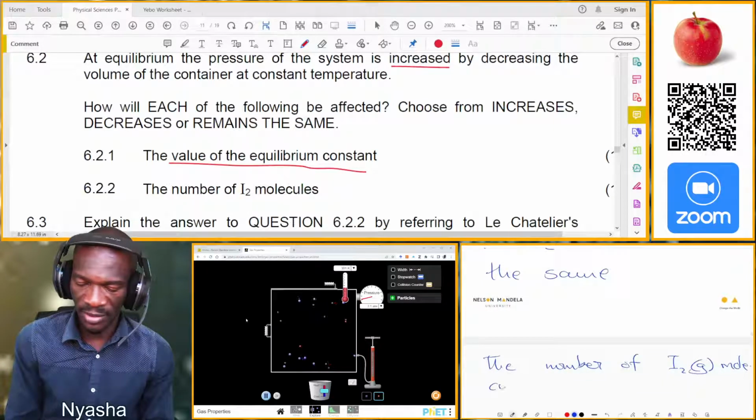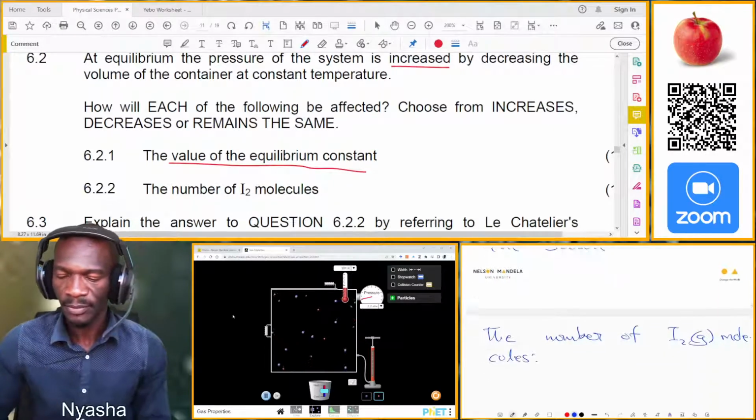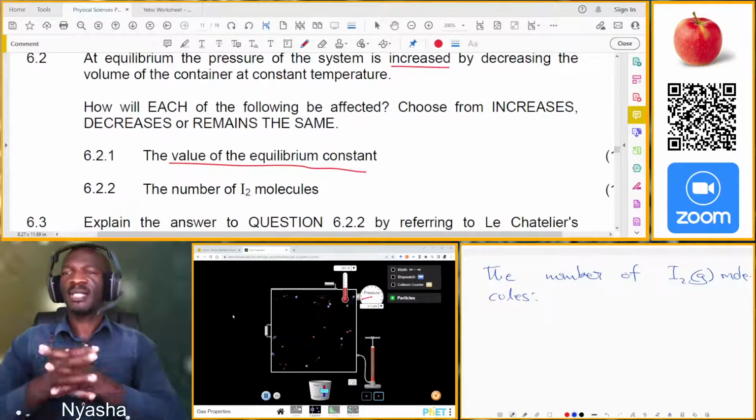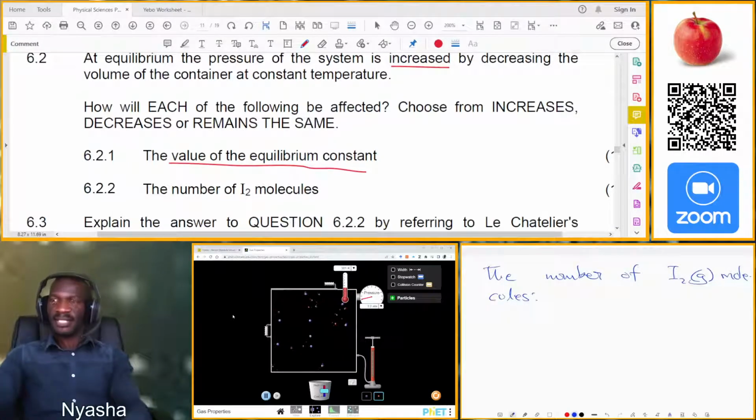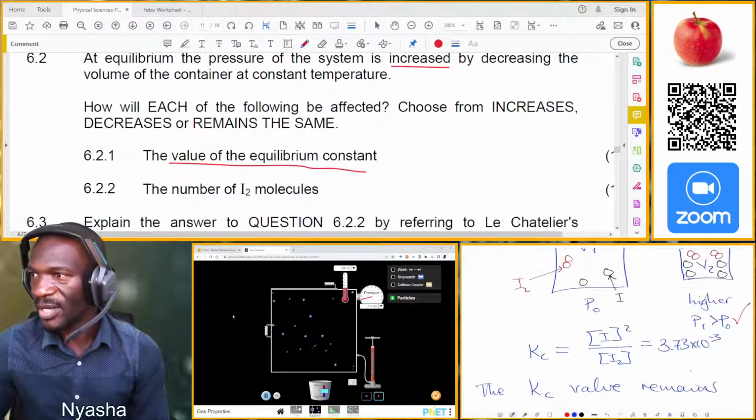So these molecules, what happens to them? Look at our equilibrium process. We've already seen where the equilibrium equation is.